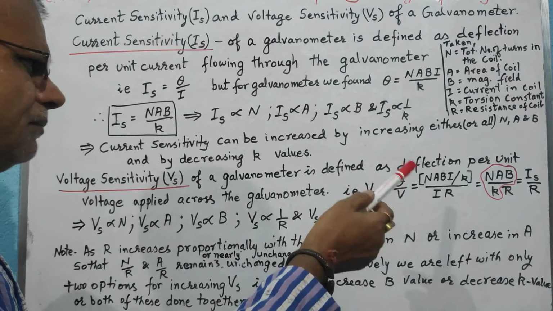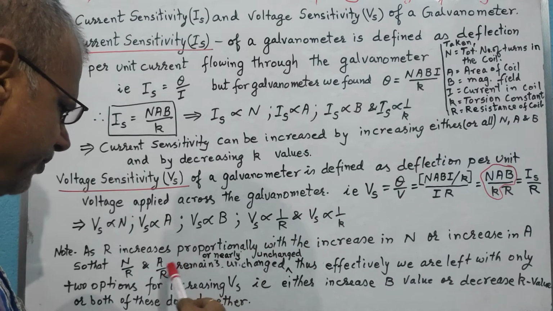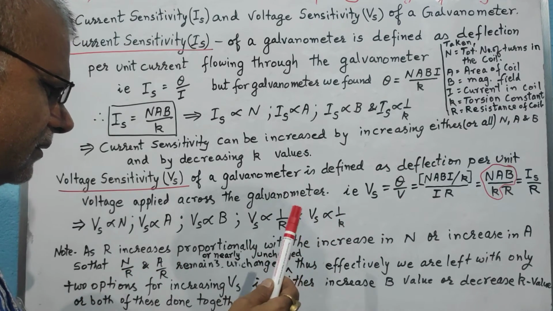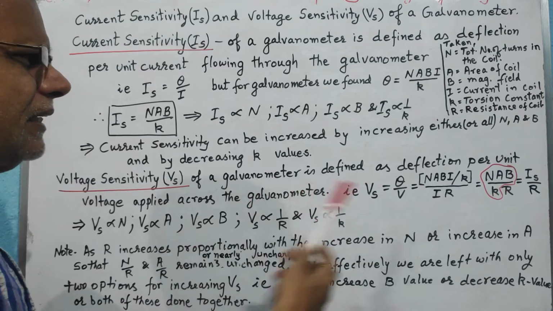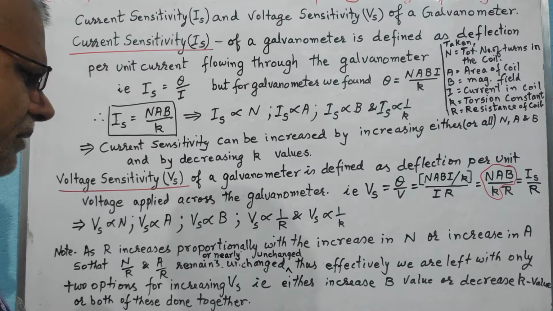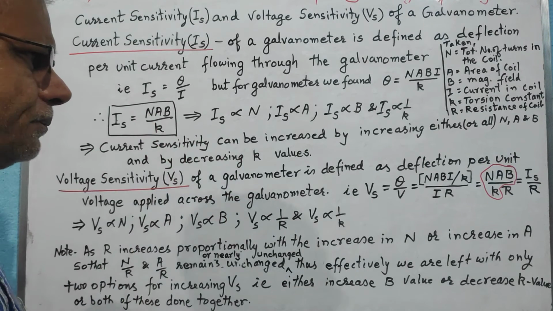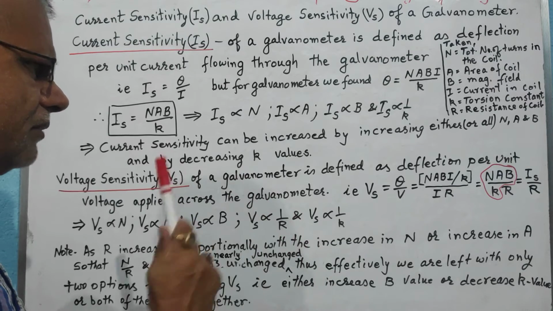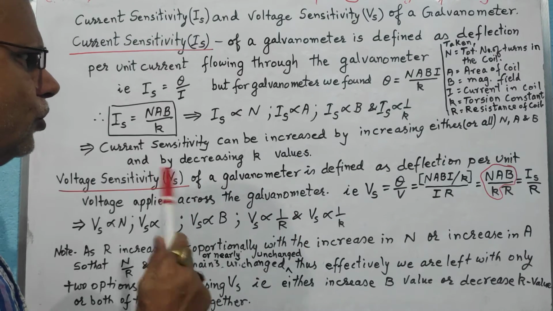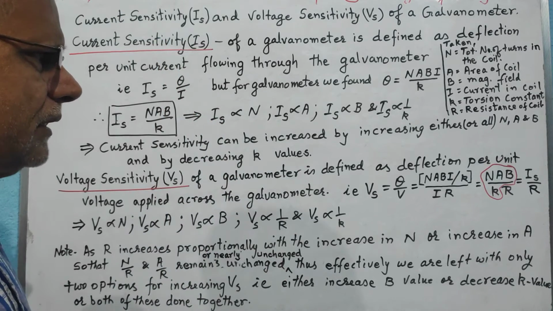That will bring some different results, but anyway, for the general situation we can understand that a change in number of turns or a change in area does not bring much change in the voltage sensitivity of the galvanometer, though it can bring a change in the current sensitivity of the galvanometer.